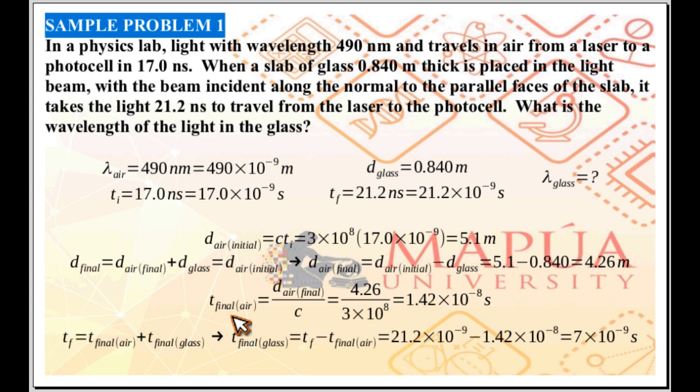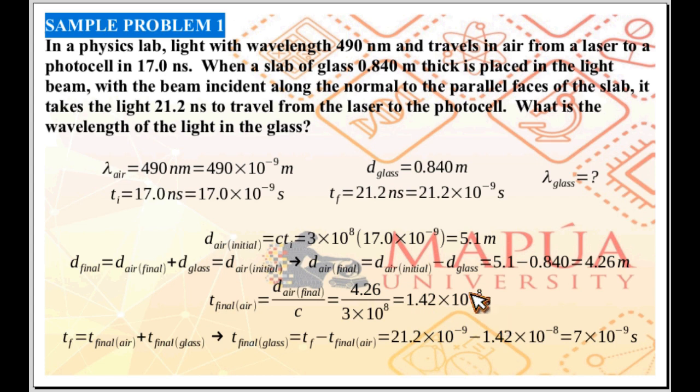Uniform motion gives us time of travel equal to distance divided by speed. So T final air is equal to D air final divided by c. Thus, the time of travel of the light beam in air in the final case is 1.42 times 10 to the negative 8 seconds.